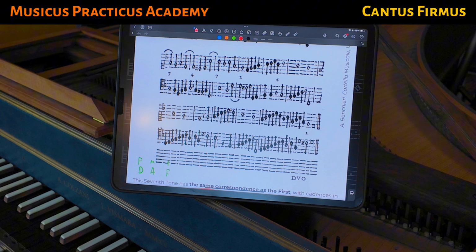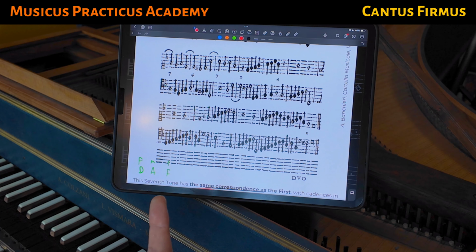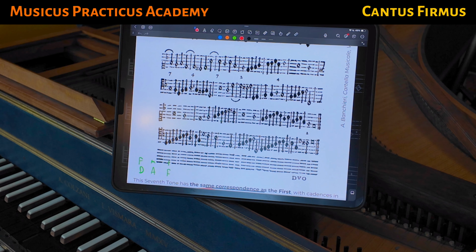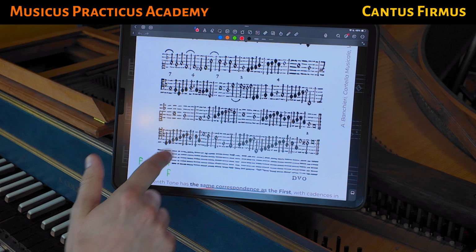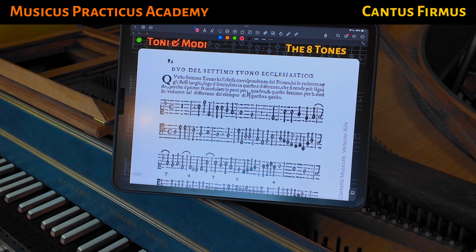And then we can sing the psalm. Fa, dixit Dominus, Dominus meus, sede a dextris meis. And then you can play.